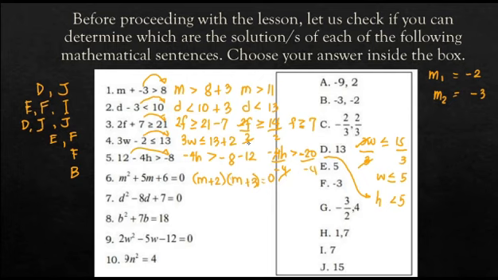Let's have number 7. We are given d squared minus 8d plus 7 equal to 0. So we can also factor this one equal to 0. So we have d and d. So we have negative 7 and negative 1. Because negative 7 times negative 1 is positive 7. And negative 7 plus negative 1 is negative 8. So our factors are correct. So let's now get the solutions.